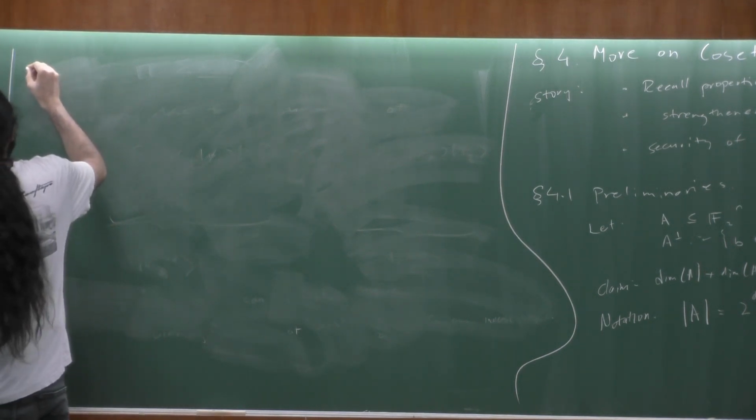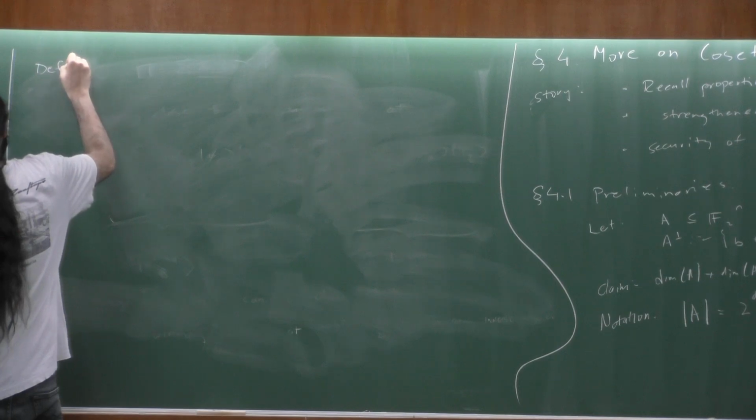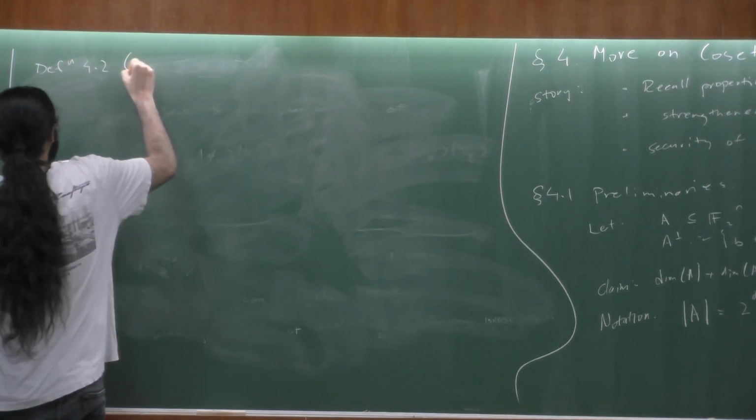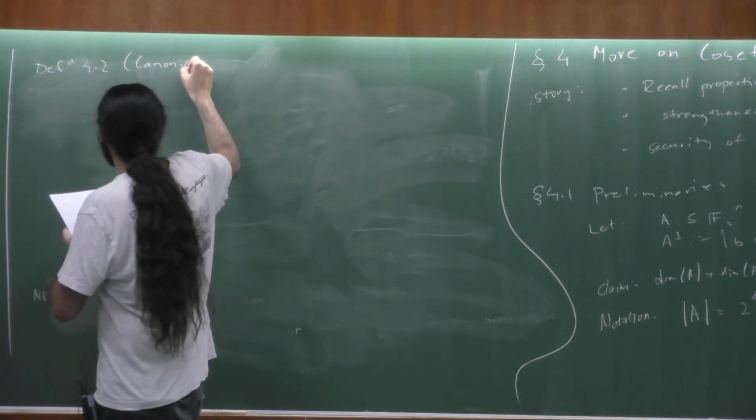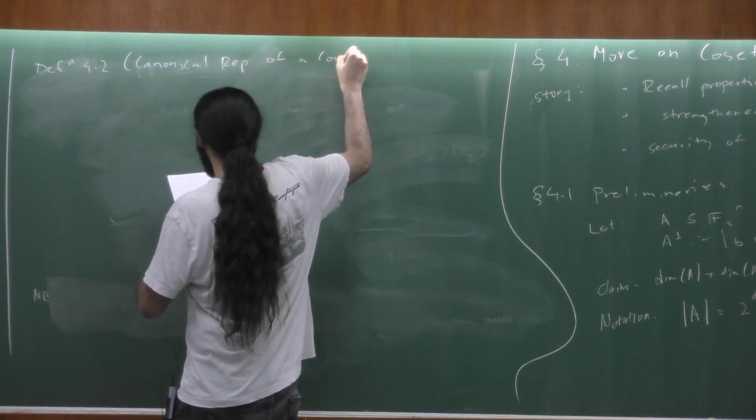Okay, and now there's something called a canonical representation. Let's do that as well. It'll be helpful for later notation. So the canonical representation of a coset is the following.